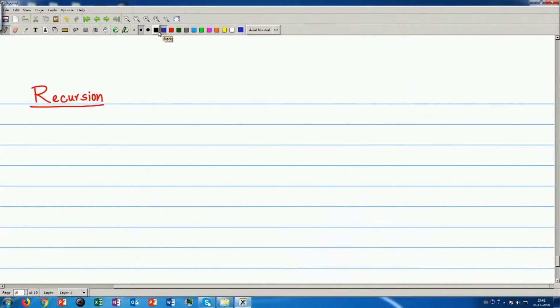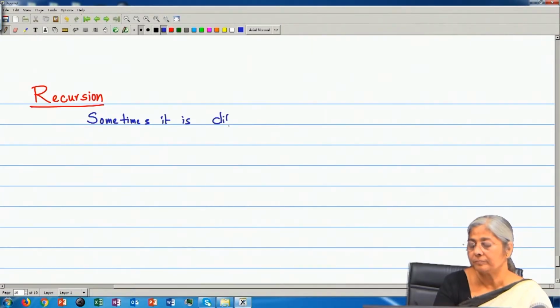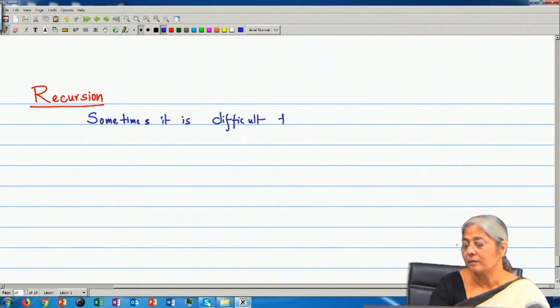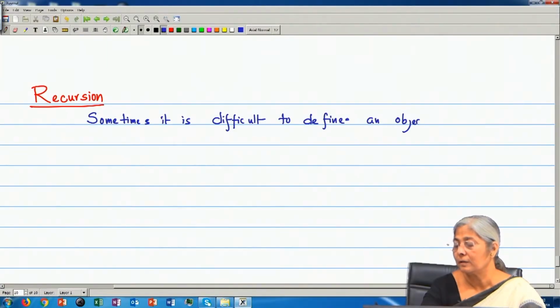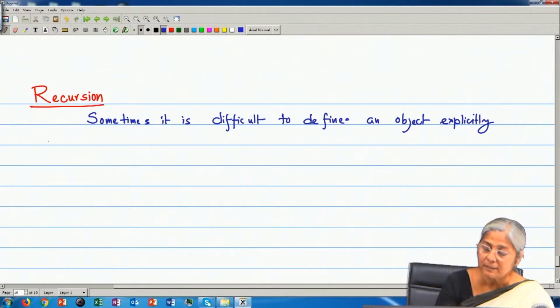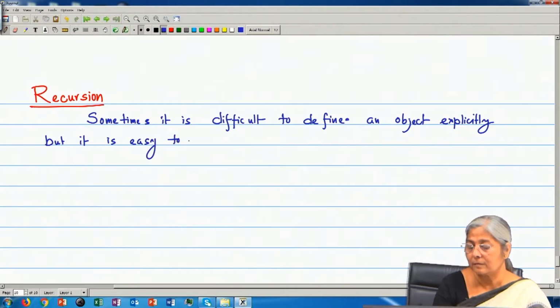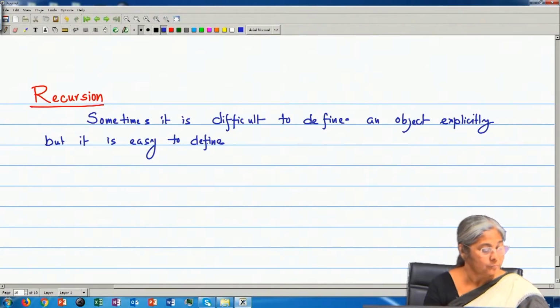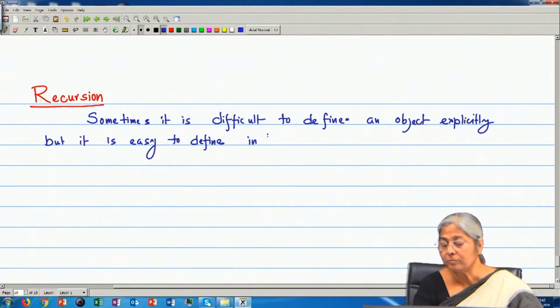Now, sometimes it is difficult to define an object explicitly, but it is easy to define it in terms of itself.